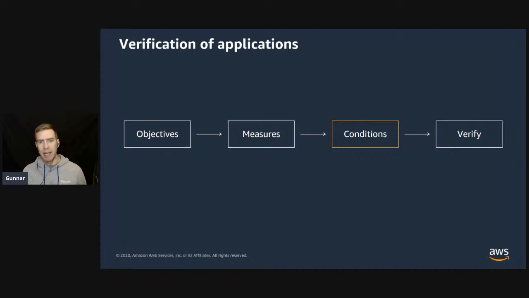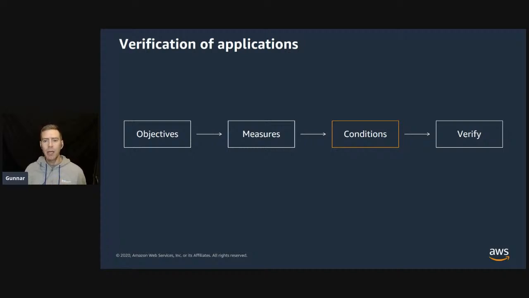So let's look a bit at these conditions. As I said, conditions, they reflect different events that could occur in our system. And this is where the chaos engineering part comes in. I can't really have a talk without talking about chaos engineering. So we can now add our chaos experiments as a condition to our system verification.